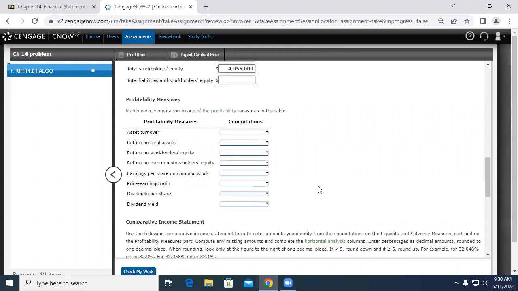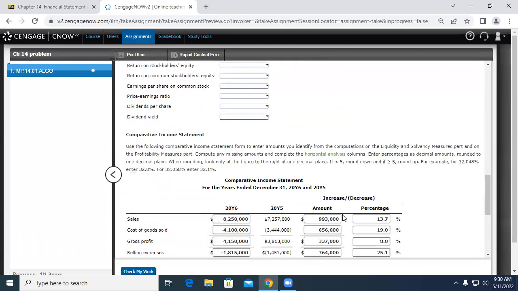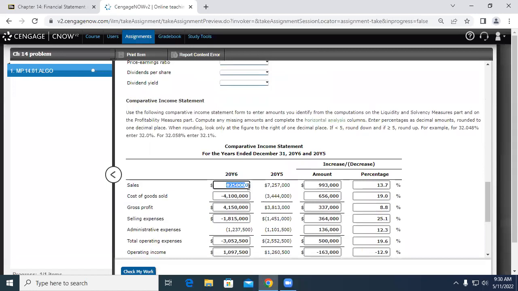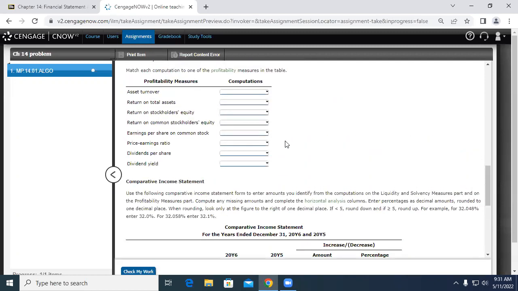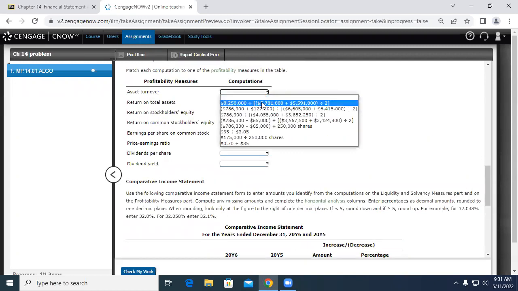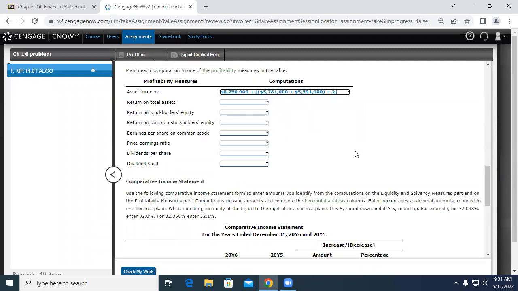Looking at our formulas then, asset turnover is sales divided by average total assets excluding long-term investments. We already know what the sales number is because we needed that for one of our earlier calculations. So we know we're looking for $8,250,000 in the numerator, and this is the only one that has that. So what else do we know?